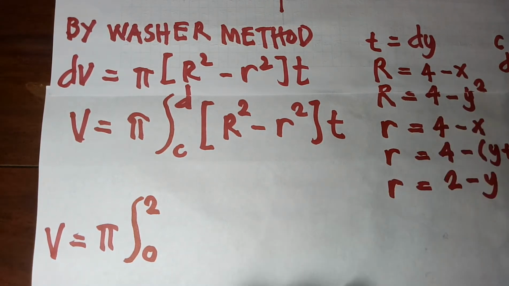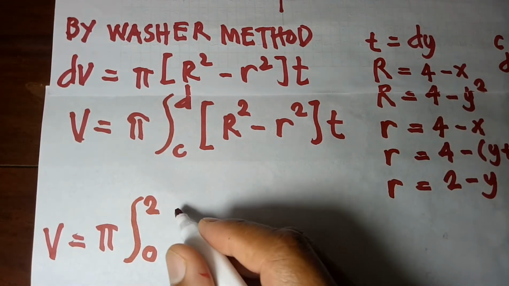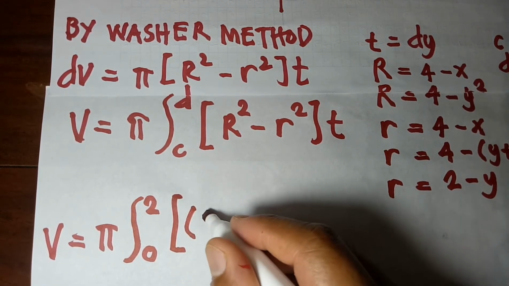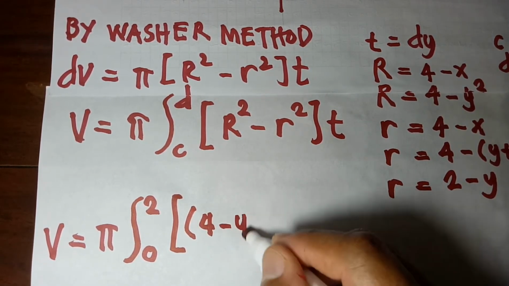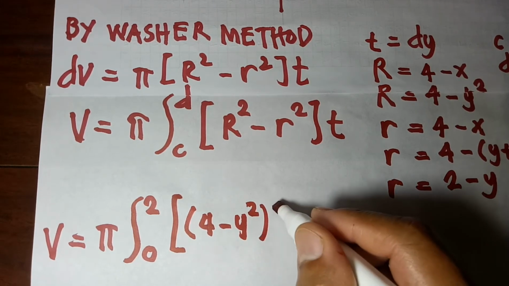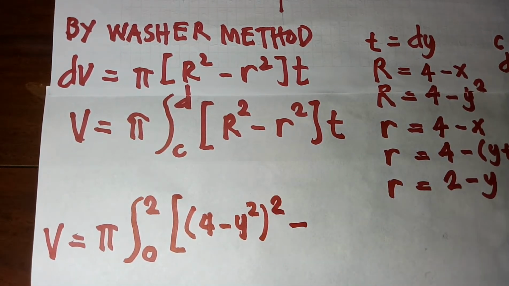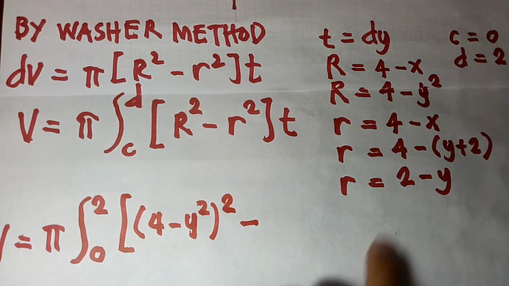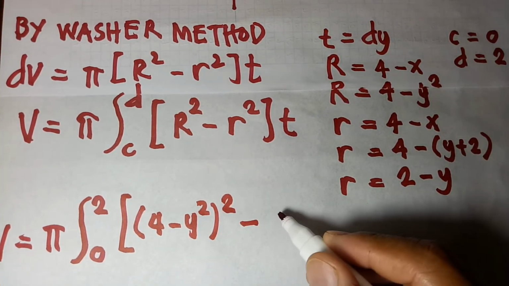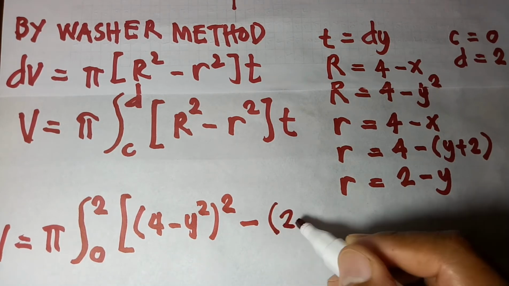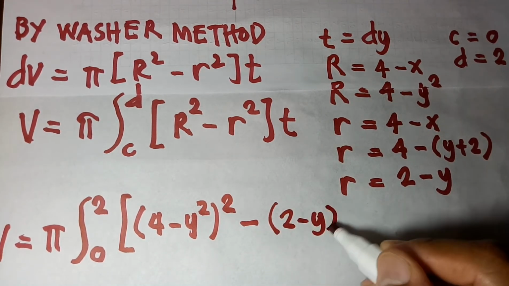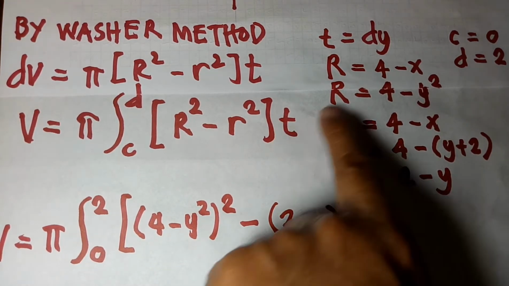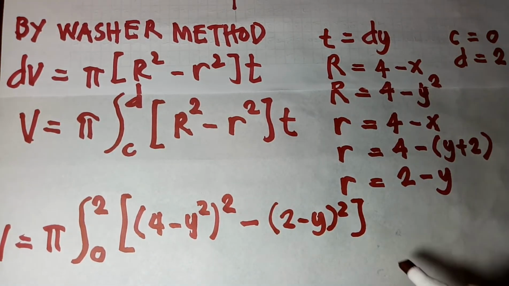So 4 minus y squared squared. And then minus inner radius squared. So that's 2 minus y squared. And then times the thickness na dy.